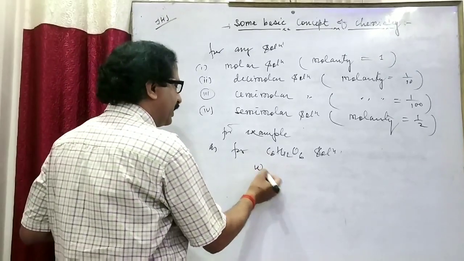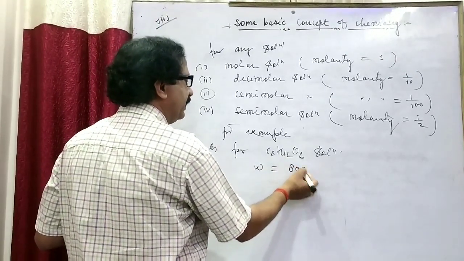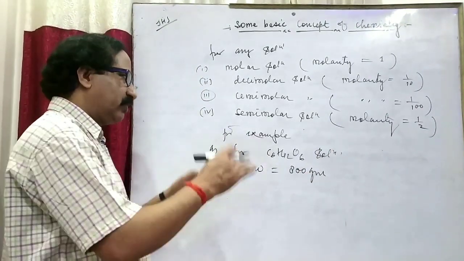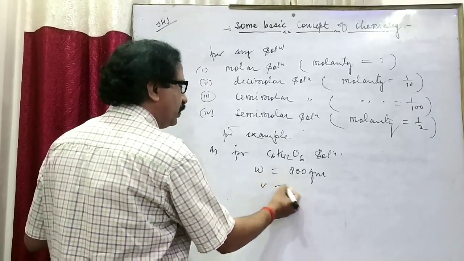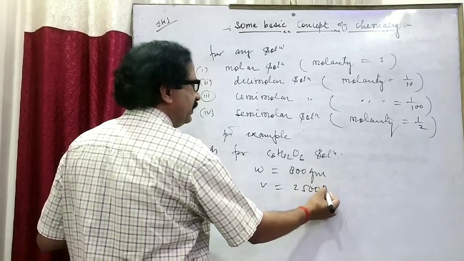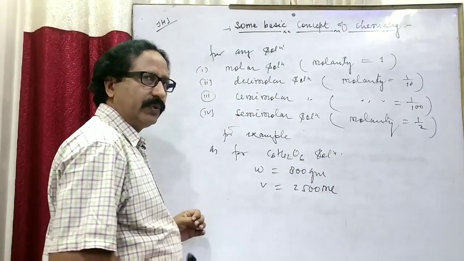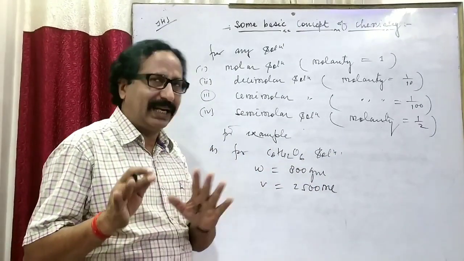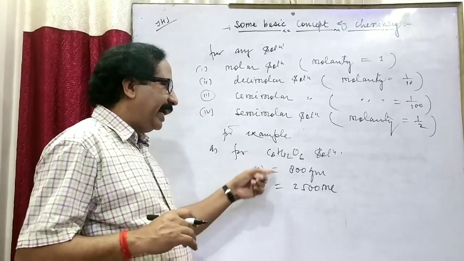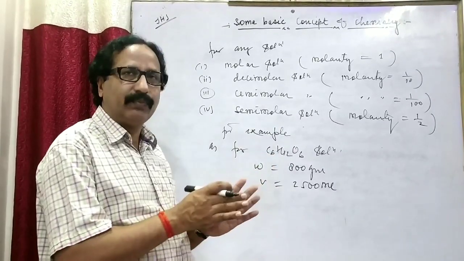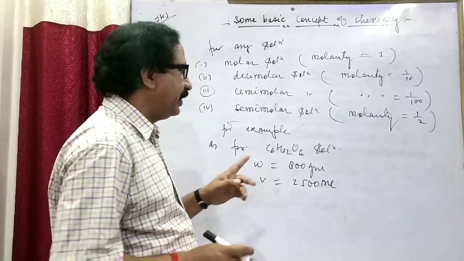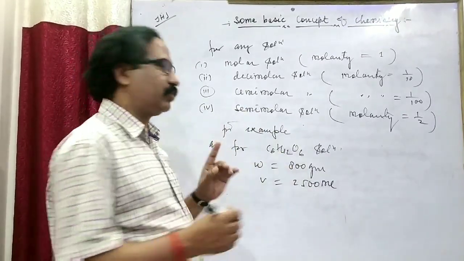The weight of glucose is given, 800 gram. 800 gram glucose is dissolved in water to form a solution of 2500 ml. You are understanding? This is the numerical approach. Let us consider a glucose solution in which 800 gram of glucose is dissolved in water to form 2500 ml solution.